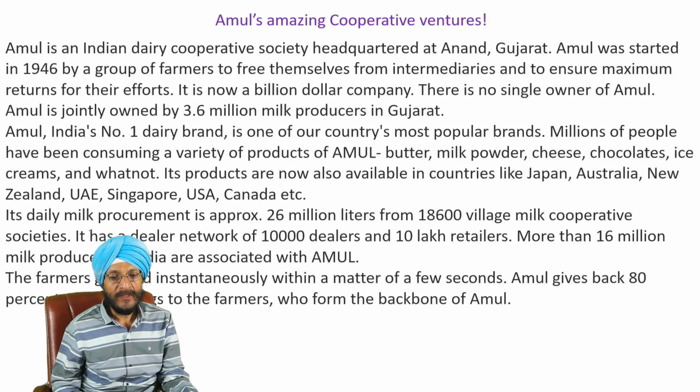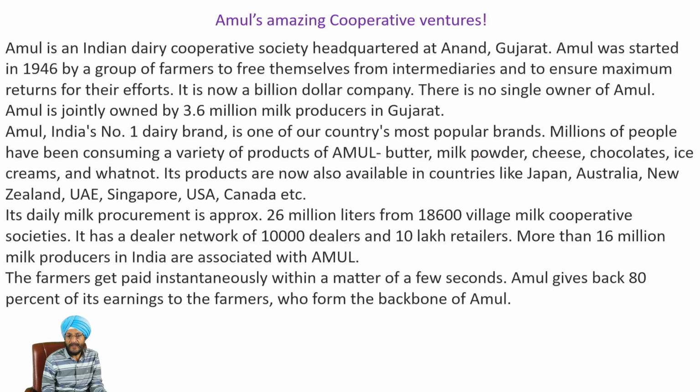Now we'll throw some light on Amul's amazing cooperative venture. Amul is a very well-known brand in India so far as dairy products are concerned. Amul is an Indian dairy cooperative society which has its headquarters in Anand in Gujarat state.